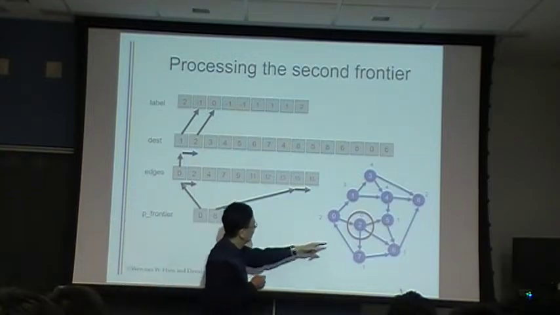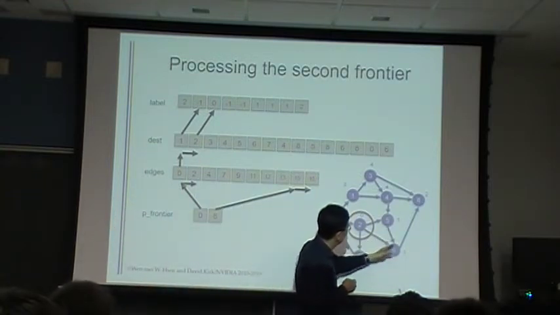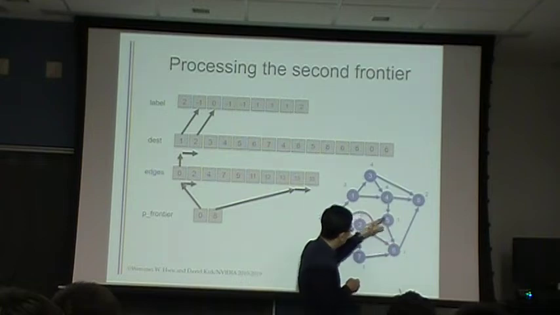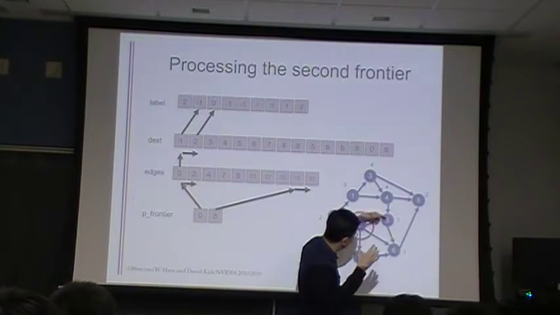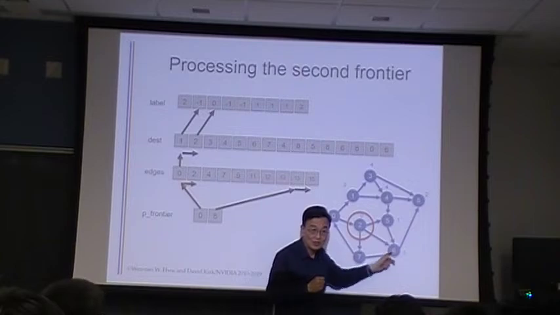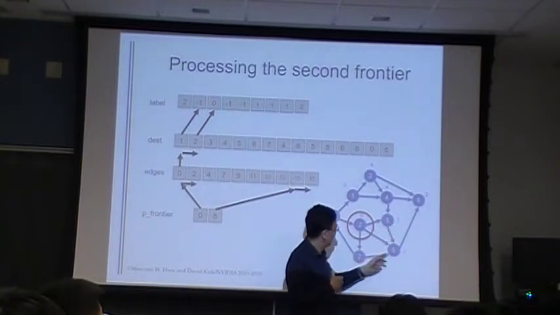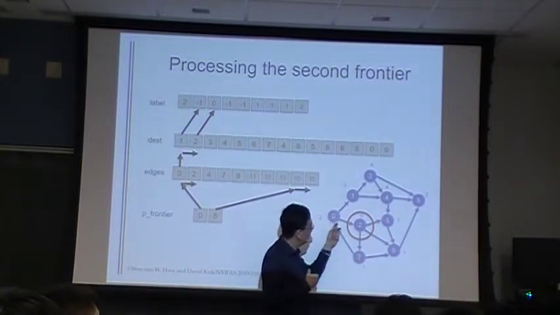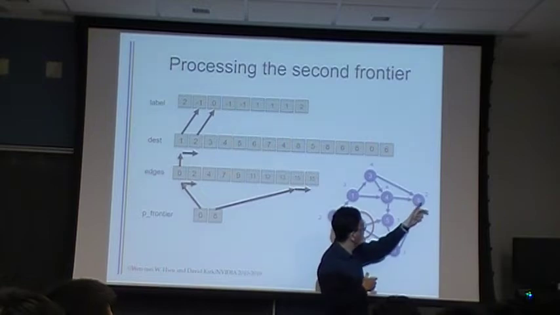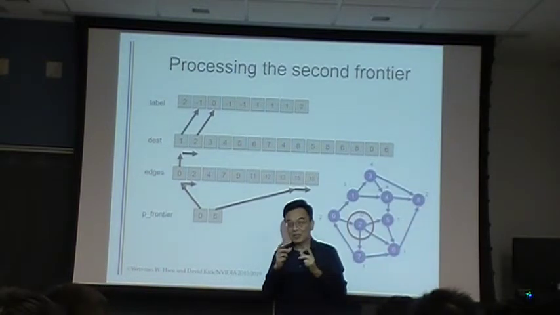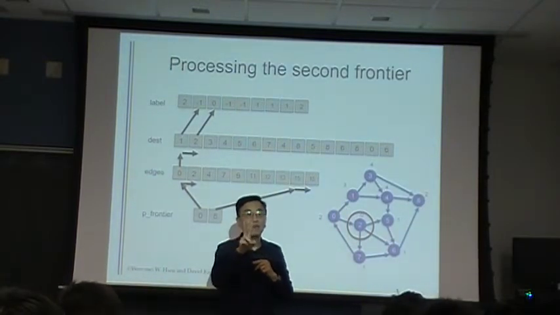Then 5, 6, and 7 each will lead us to their destinations. For 5, it doesn't go anywhere. It only goes to 6, but 6 is already processed. Remember that? Once it's already processed, it doesn't make sense to process it anymore. However, 7 will give you 0, and 6 will give you 8. So 0 and 8 will be your second frontier.